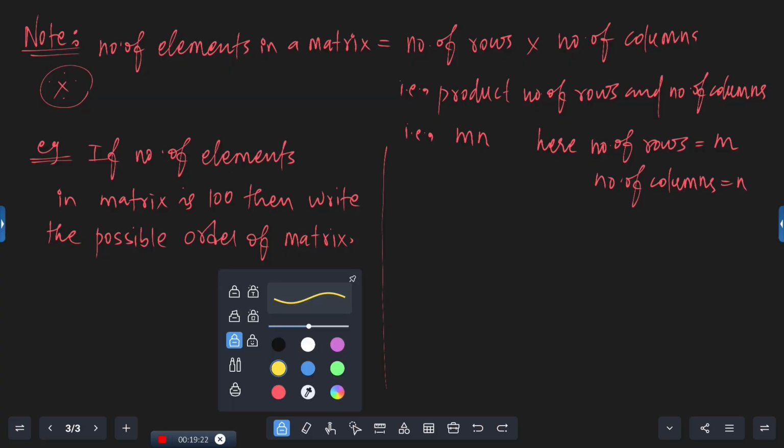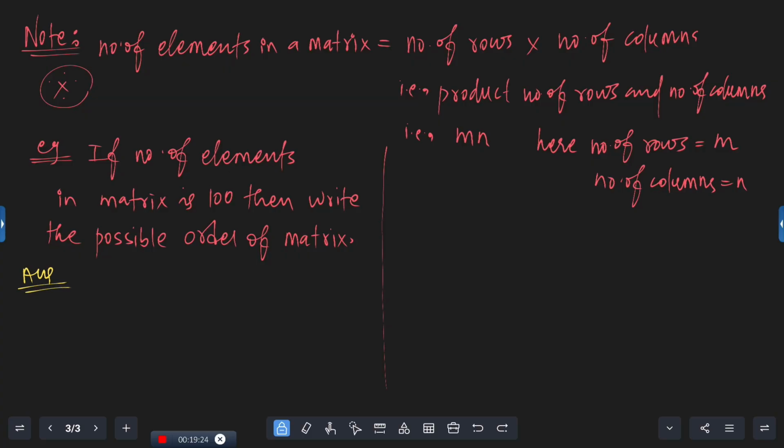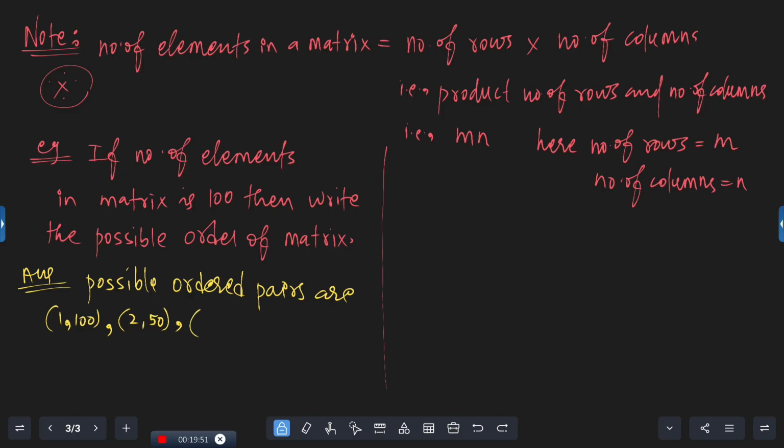So your answer can be, see, first I will write in ordered pairs. Possible ordered pairs, I will write as points. 1, 100: 1 and 100 when you multiply, you will get 100. Next 2, 50: when you multiply, you will get 100. Like that, 3 and anything?